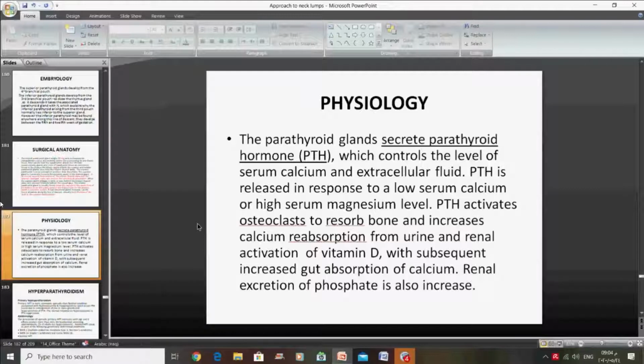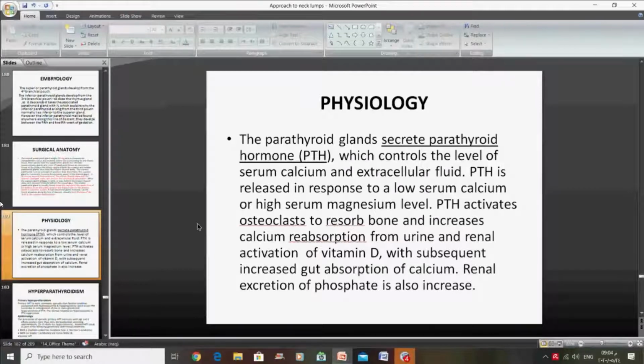The function of parathyroid hormone: the secretion of parathyroid hormone controls the levels of serum calcium and extracellular fluid. It is released in response to low serum calcium. When hypocalcemia occurs, parathyroid hormone is secreted. Or stimulation may be due to high serum magnesium level.